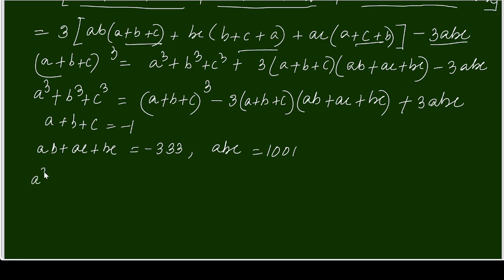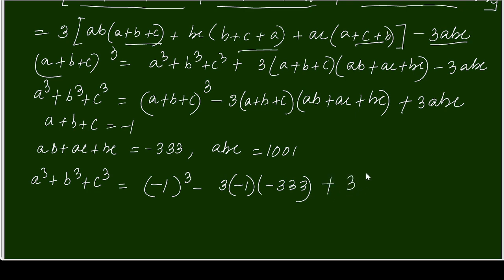So the value of A cube plus B cube plus C cube equals minus 1 whole cube minus 3 into minus 1 into minus 333 plus 3 ABC, 3 into 1001. So this equals minus 1 minus 999 plus 3003.